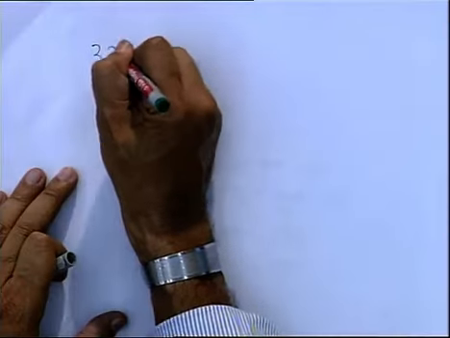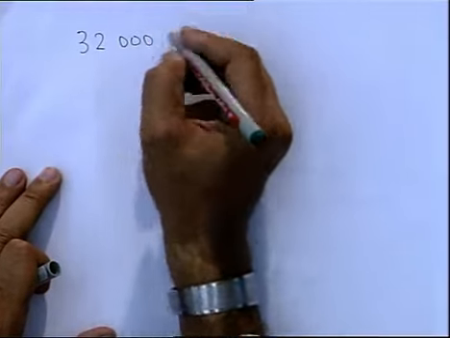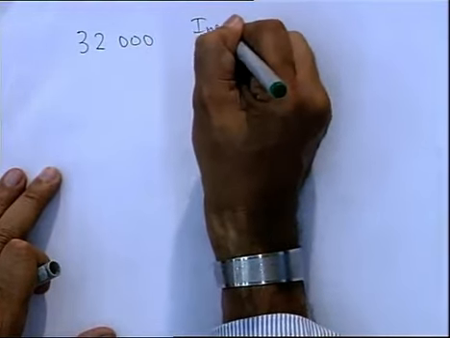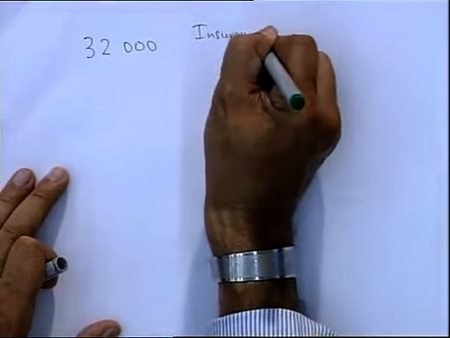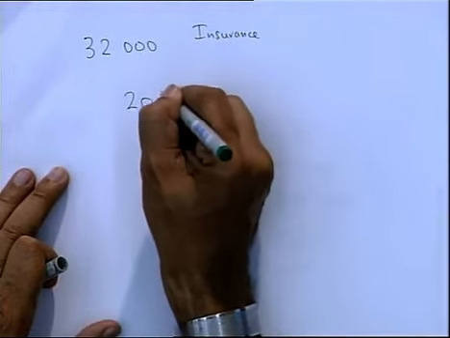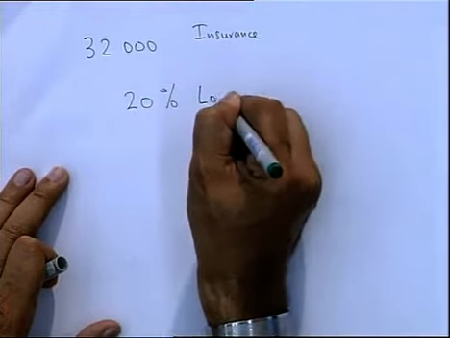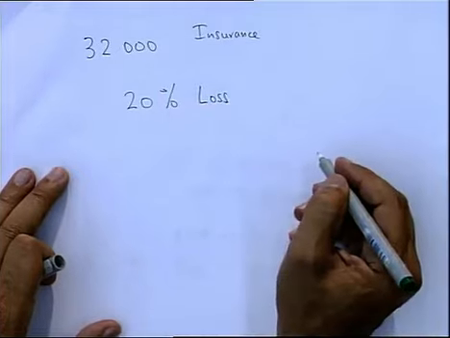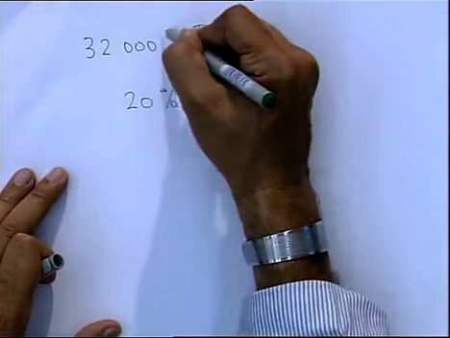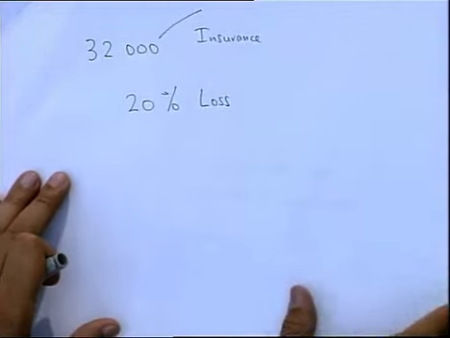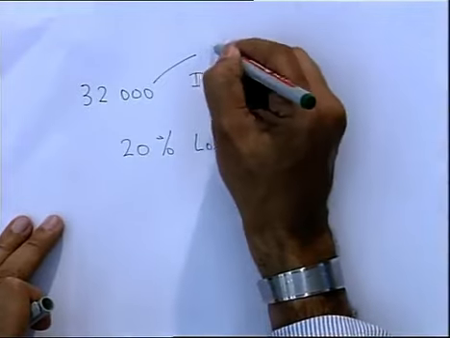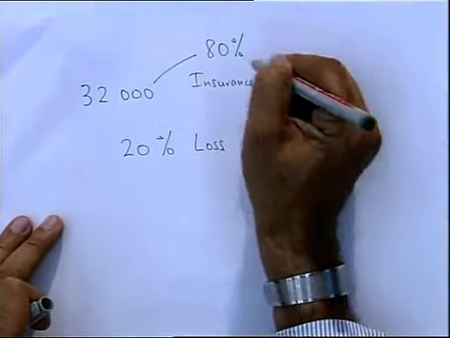The information that they give us, they're saying 32,000 Rand is what the insurance has transferred. And we have to bear the loss of 20%, meaning the insurance portion is then automatically 80%.